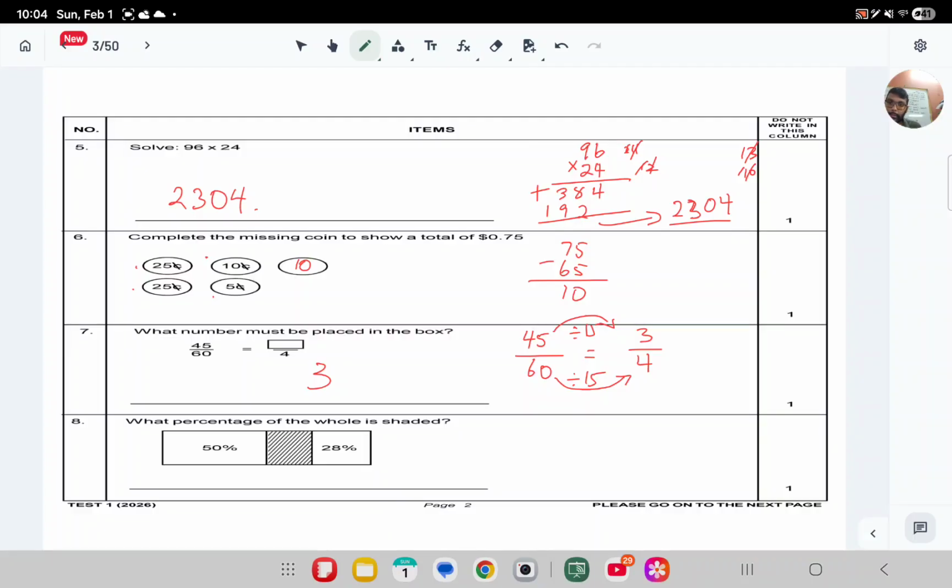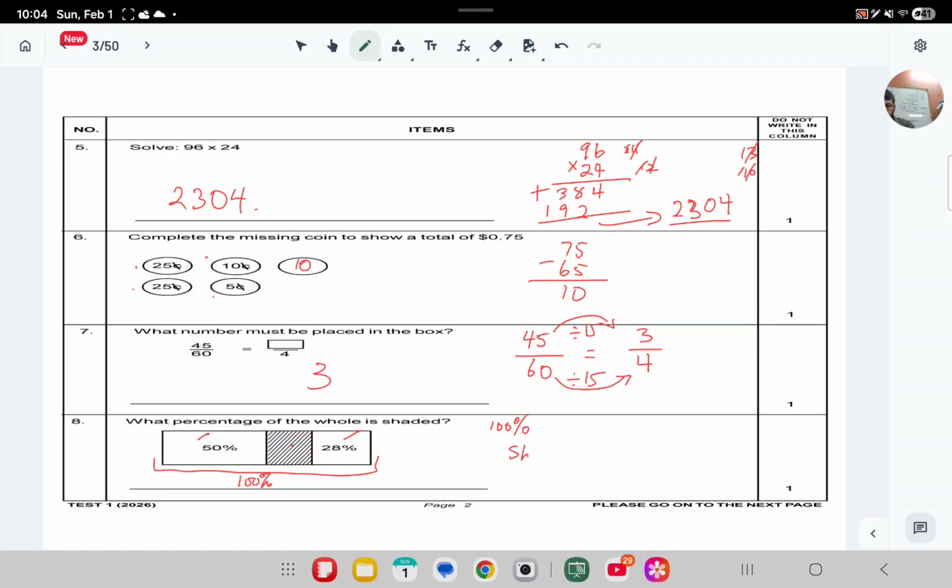Number 8, what percentage of the whole is shaded? So the whole, represented as a percentage, is 100%. So we know that this entire thing here represents 100%. This here is 50%, this here is 28%, so we need to find the unknown.